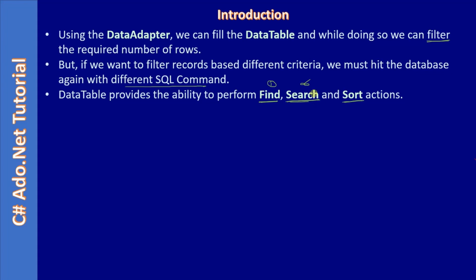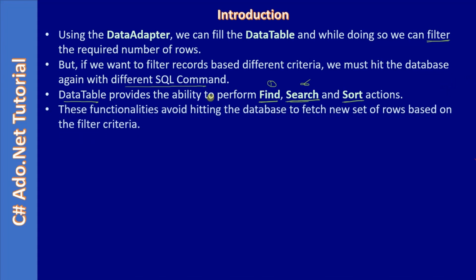This operation we will call at the data table level, so that way we will avoid the hit to the database. And all these options we are going to see in this sub-series. These functionalities, that means find, search as well as sort, avoid hitting the database to fetch a new set of rows based on the filter criteria.